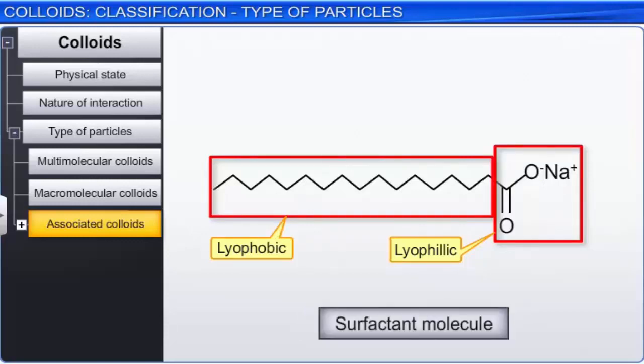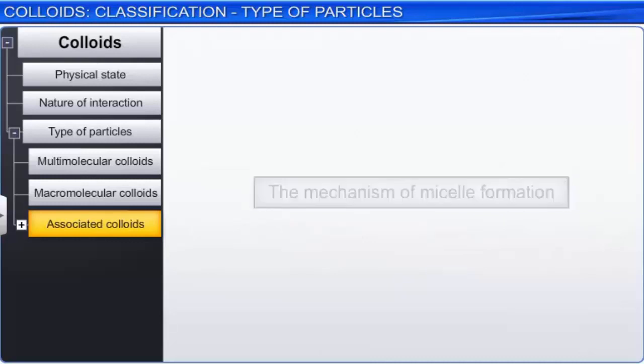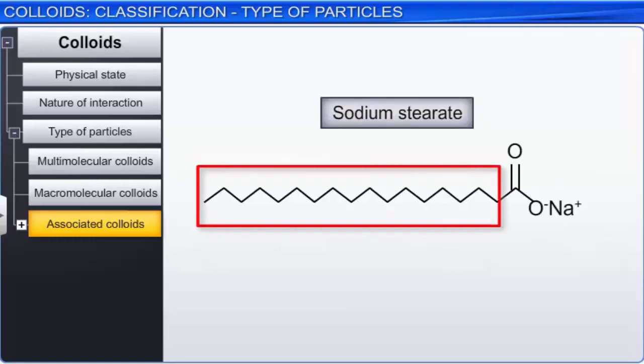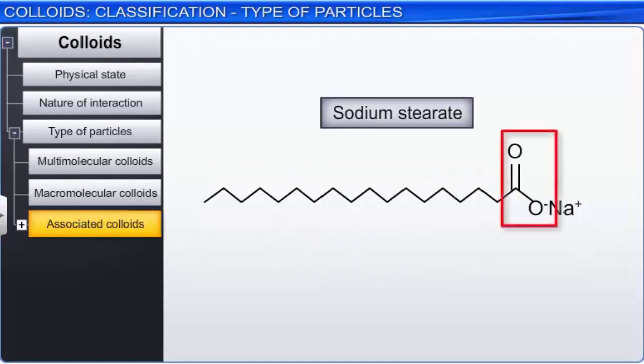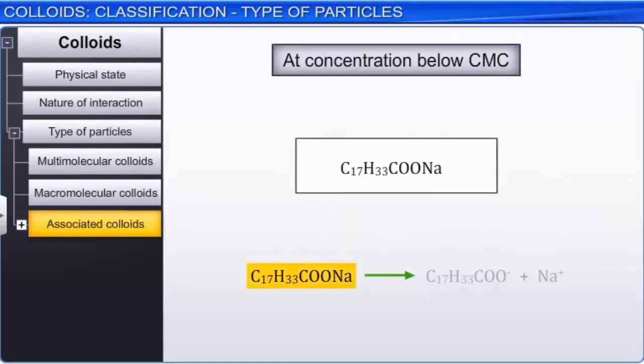Let us now discuss the mechanism of micelle formation. In sodium stearate, the long hydrocarbon part of the stearate radical, that is, C17H35, is the lyophobic end, while COO- is the lyophilic end. When the concentration of the solution is below its CMC, sodium stearate behaves as a normal electrolyte and ionizes to give sodium and stearate ions.